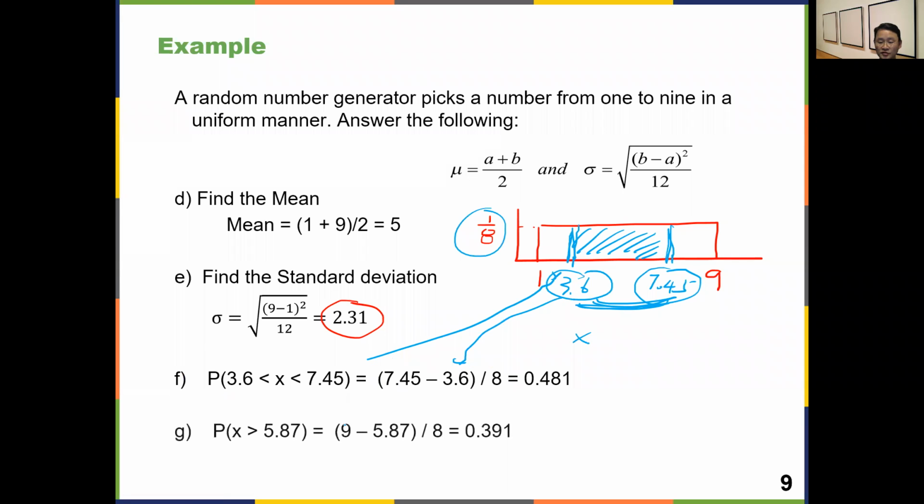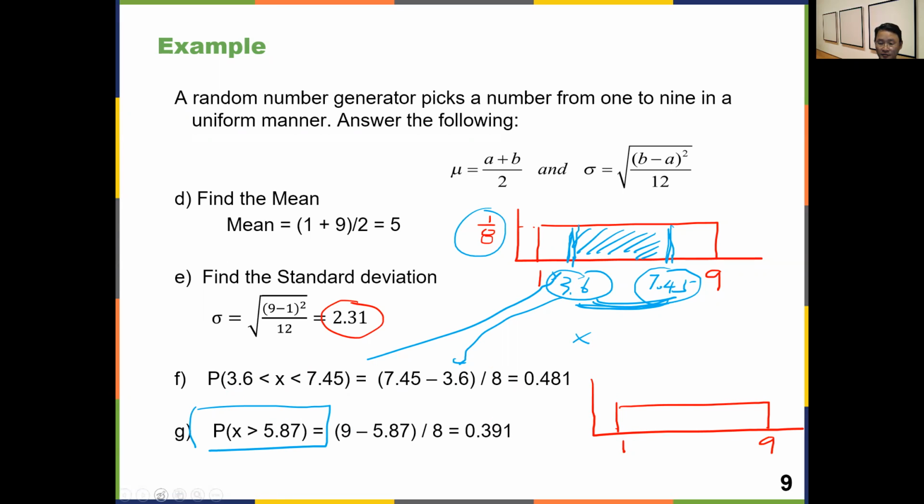And the same thing, but this one is slightly different. So let's talk about this case right here. Let me draw the graph again. So we have this graph, between 1 and 9.